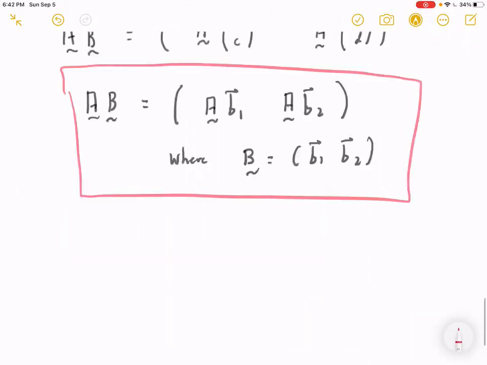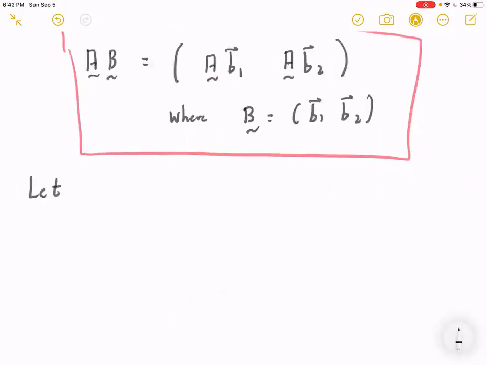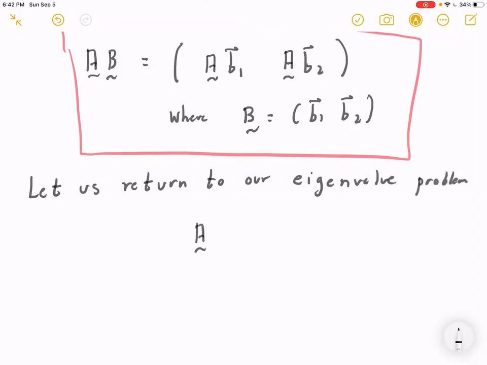Okay, so let's return to our eigenvalue problem, which says that a matrix A acting on a vector V, if it gives you back the same vector times a scalar lambda, is the eigenvalue problem.